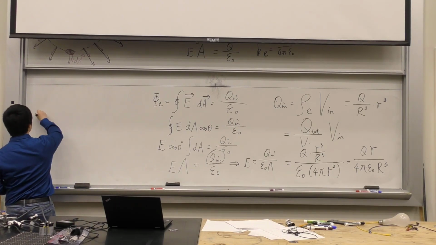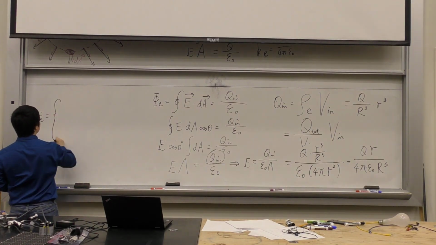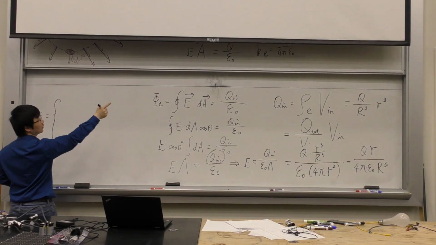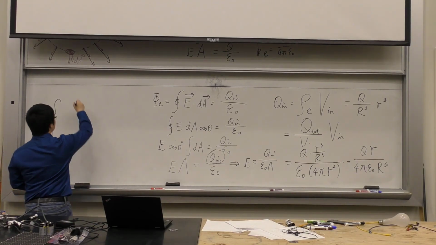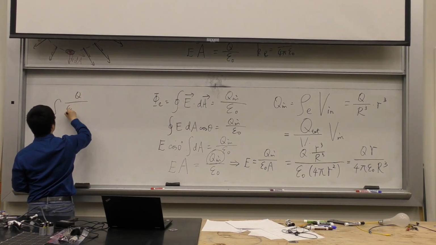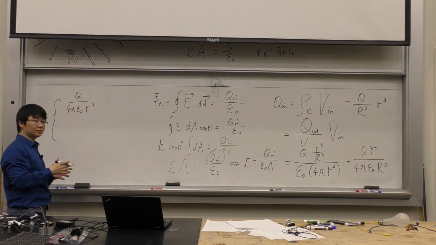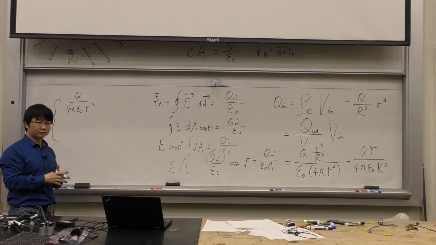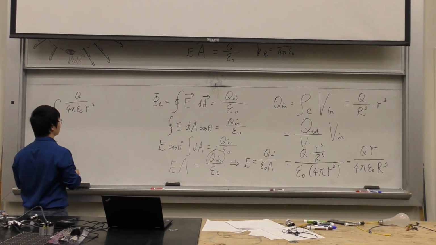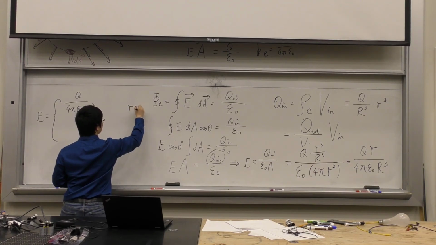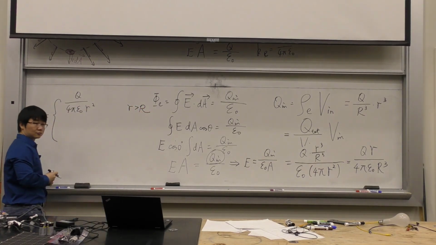But for the electric field magnitude, outside the sphere is what we just found: it's going to be Q over 4 pi epsilon naught r squared, where r is the distance from the center of the sphere to the point you want to evaluate. So I can just write r greater than the radius.